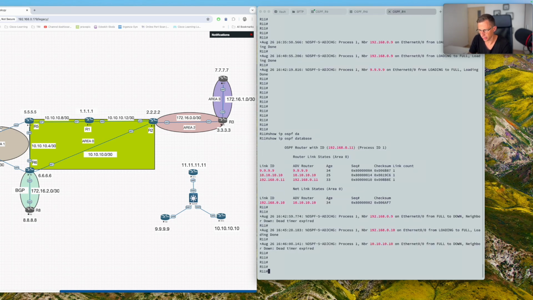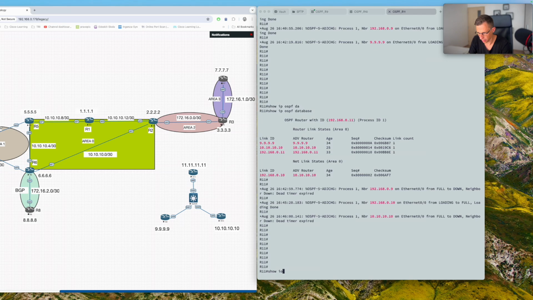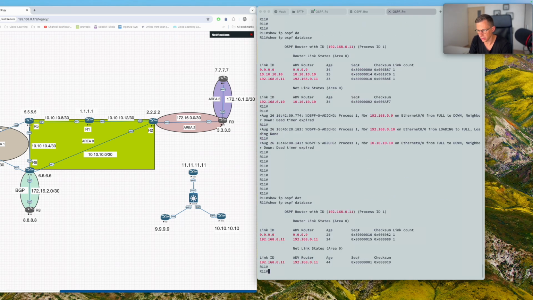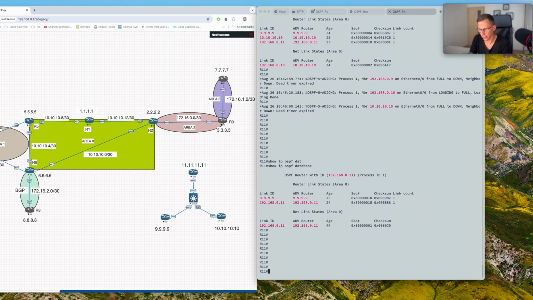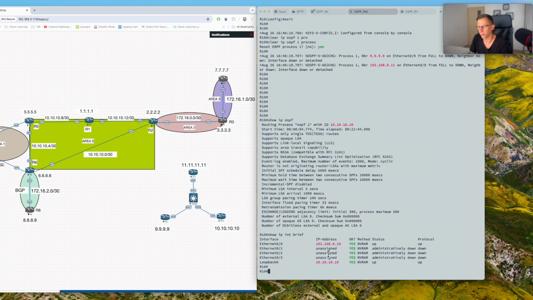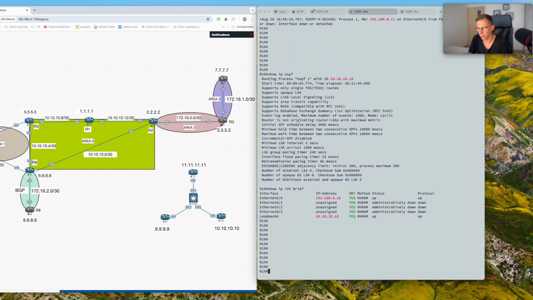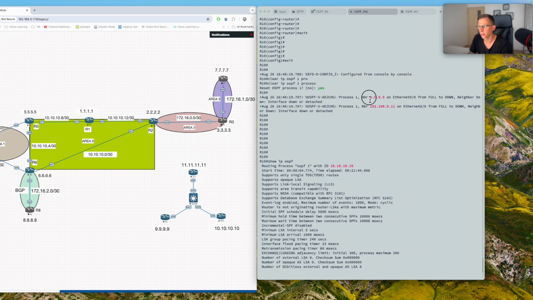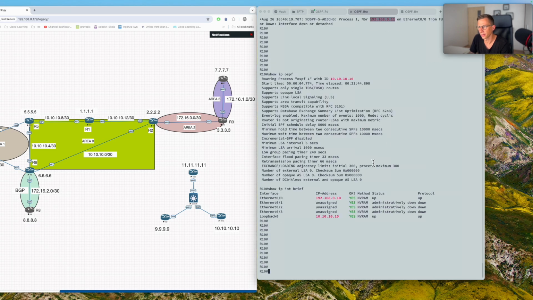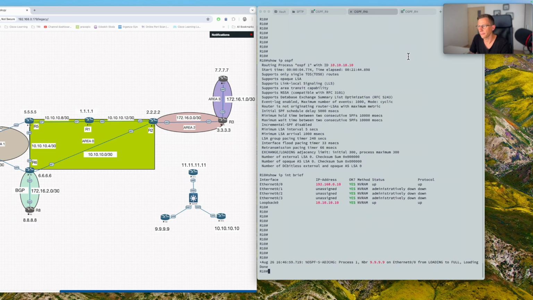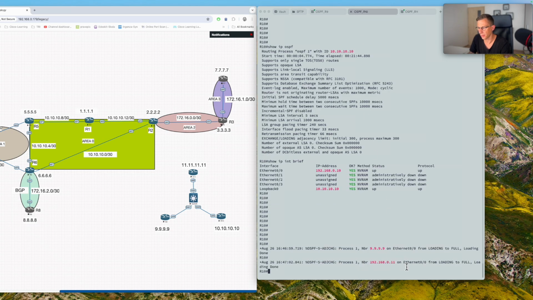And if I look at the database here, show ip ospf database, I think it will take a second for the router 10 to come up. Yeah, it's coming up.